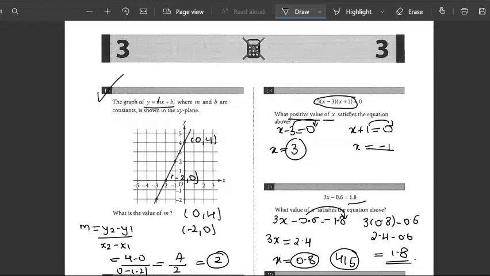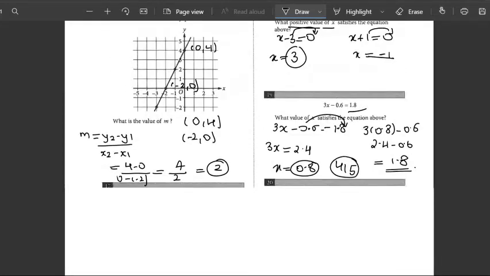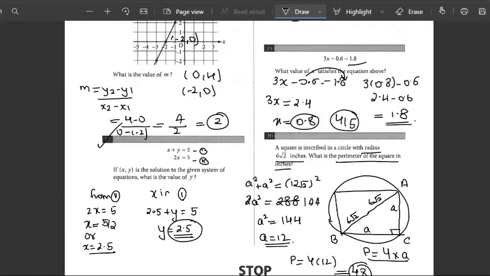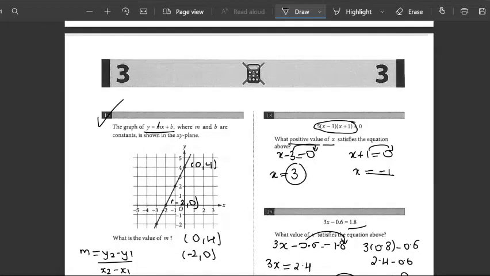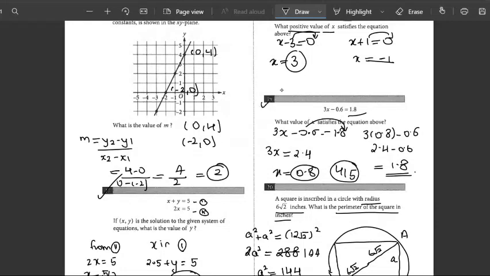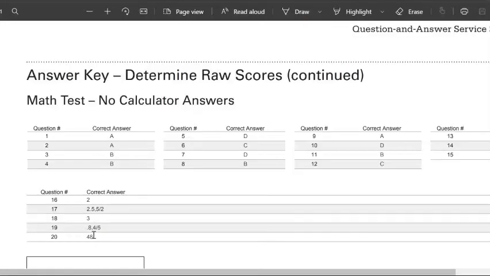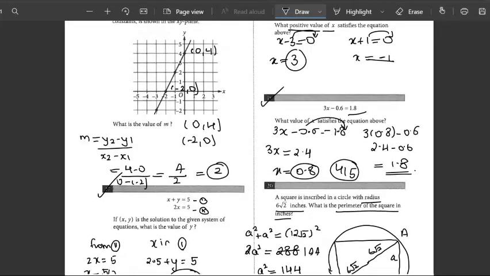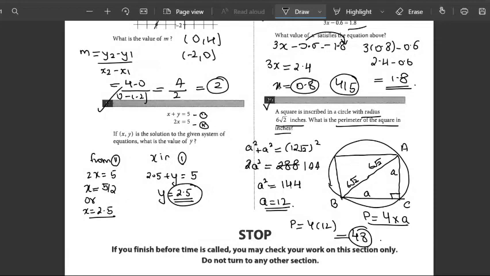Okay, let's take this first. 19 is 0.8 or 4 by 5, both are given. And 20 is 48. Okay, so we got all 20 out of 20 correct in this section.